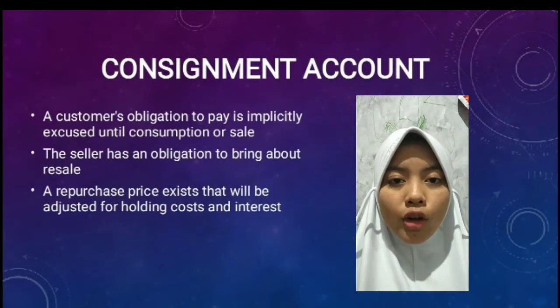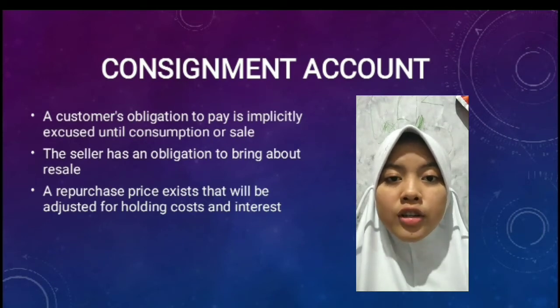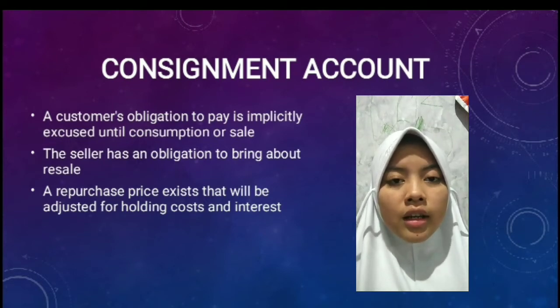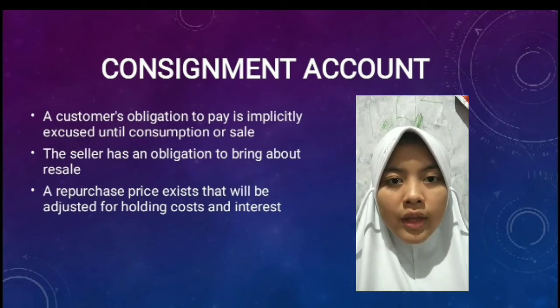And the last discussion topic is about consignment accounting. When the vendor or consignor ships goods on consignment to a distributor or consignee, revenue cannot be recognized until control has transferred.